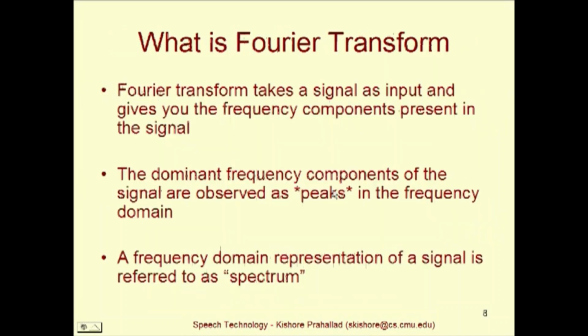A Fourier transform takes a signal as input and gives you the frequency components present in the signal. The dominant frequency components of the signal can be observed as peaks in the frequency domain, and typically a frequency domain representation of a signal is referred to as a spectrum.